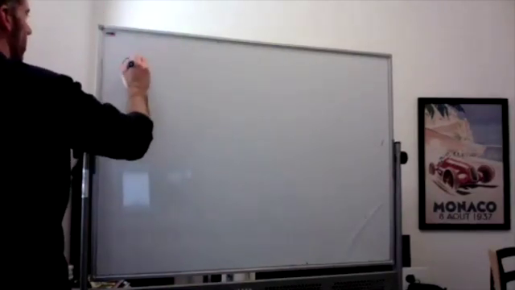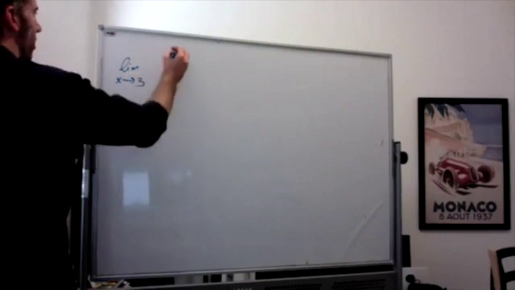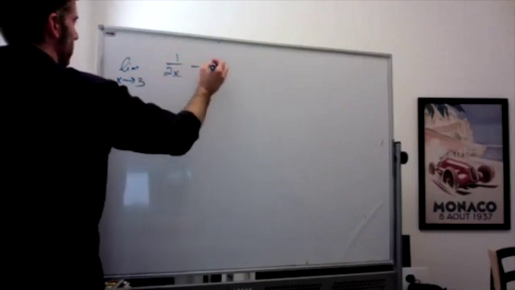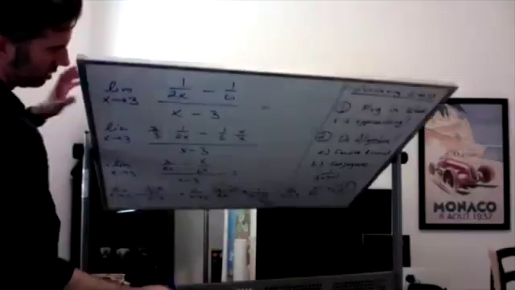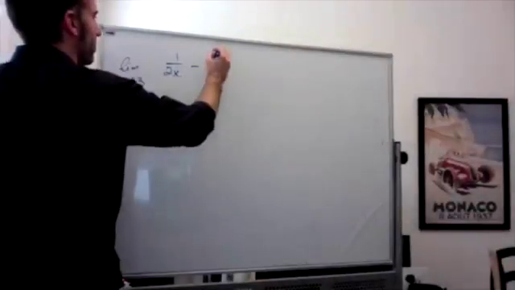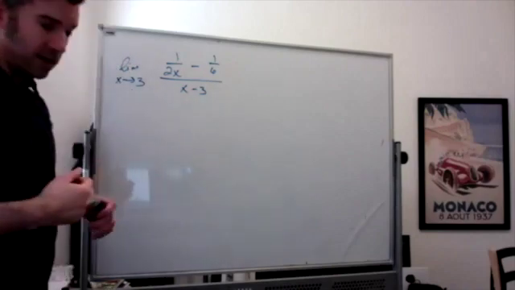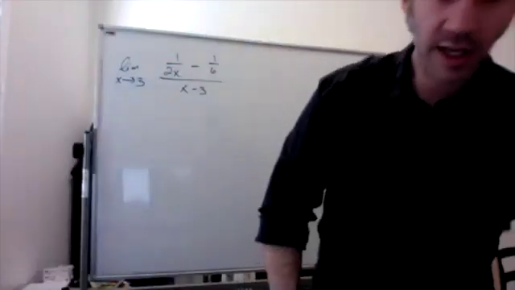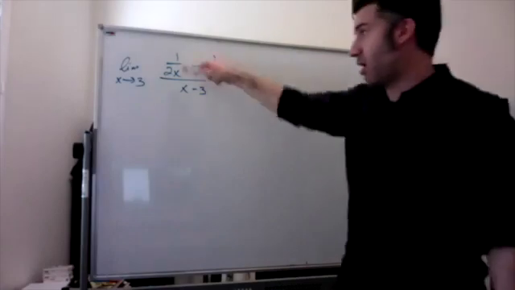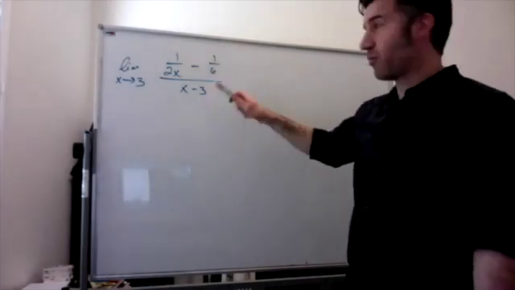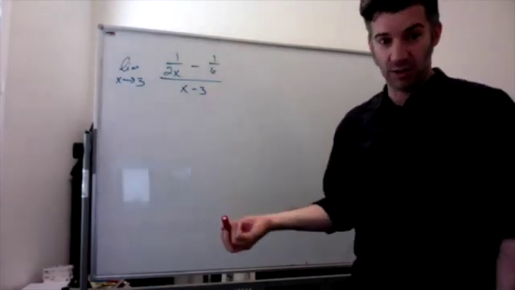Okay, same limit. The limit as x approaches 3 of 1 over 2x minus 1 over 6. Now, another way you can do this is, instead of getting a common denominator, I'm going to multiply everything by that common denominator.